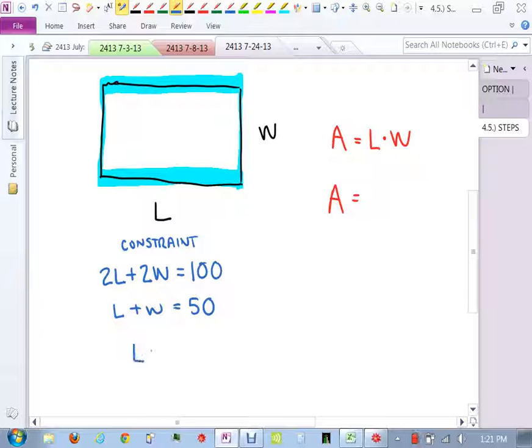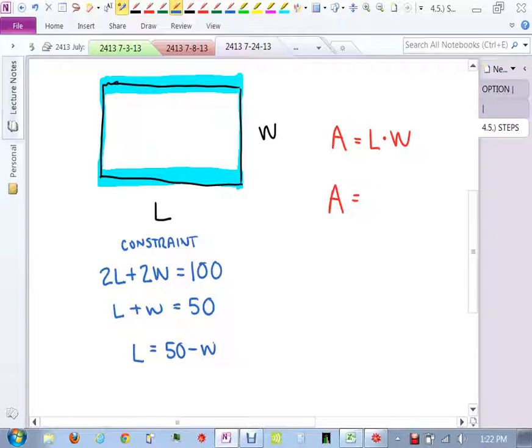And then L equals 50 minus W. I could have solved for W. I just chose L because I looked up at the equation up there, A equals L times W. It wouldn't matter if I replaced L or W. It'd pretty much look the same.